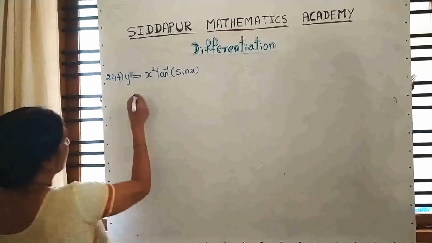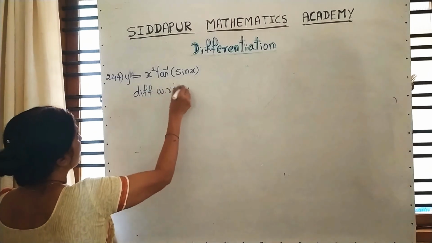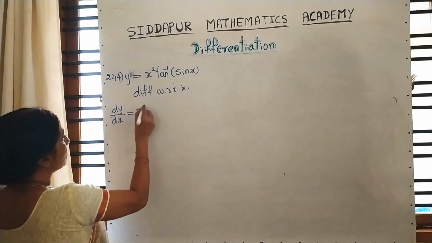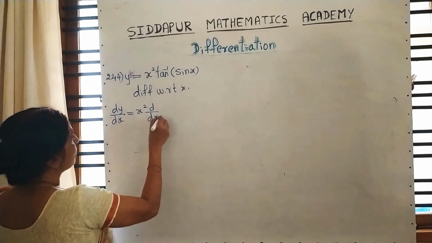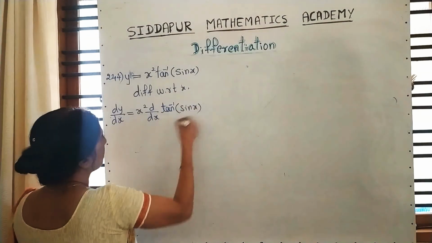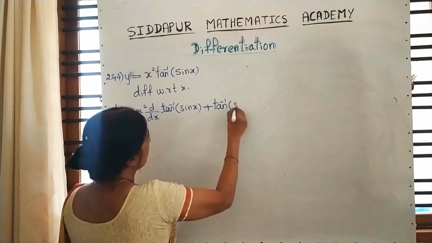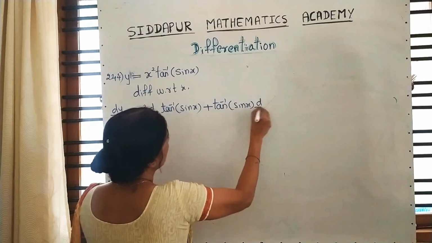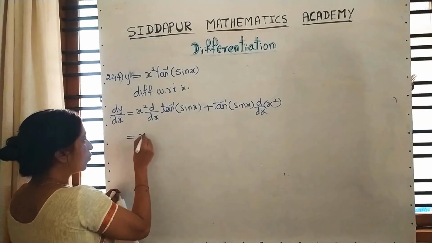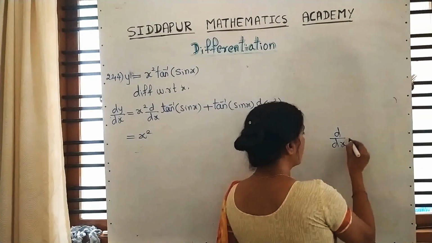First I am applying that. x square, add this. What is the differentiation of tan inverse x?